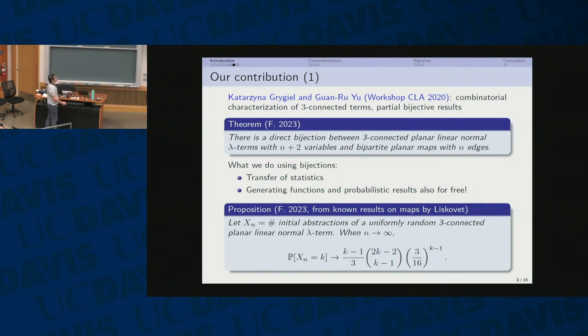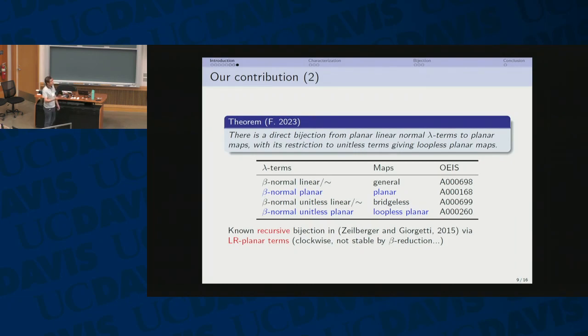Okay. This is the first result, and then using the same kind of approach, I also gave a bijection between planar linear normal terms, so one-connected terms, and general planar maps. And if we restrict the bijection to unitless terms, so two-connected terms, what we get are loopless planar maps, which are duals of bridgeless planar maps, which means they are two-connected planar maps.